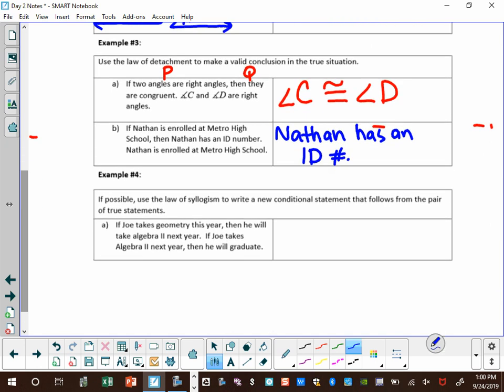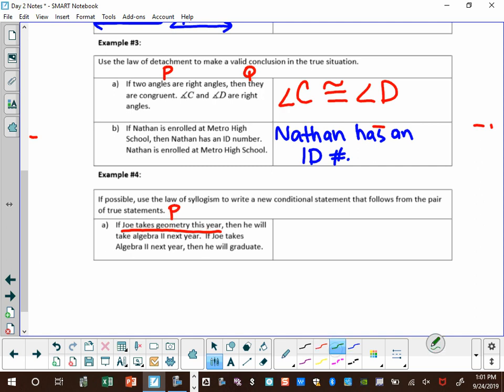Example 4, if possible, use the law of syllogism to write a new conditional statement that follows the pair of true statements. If Joe takes geometry this year, is that going to be my hypothesis or my conclusion? Hypothesis, because whatever is after it is my conclusion.